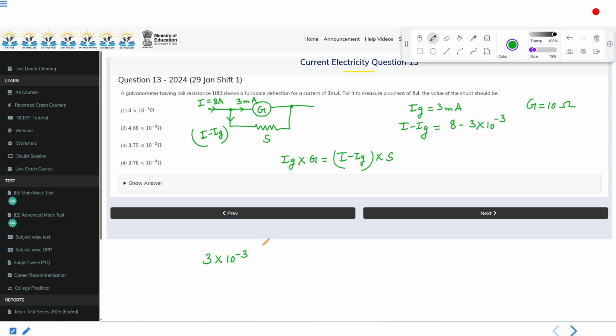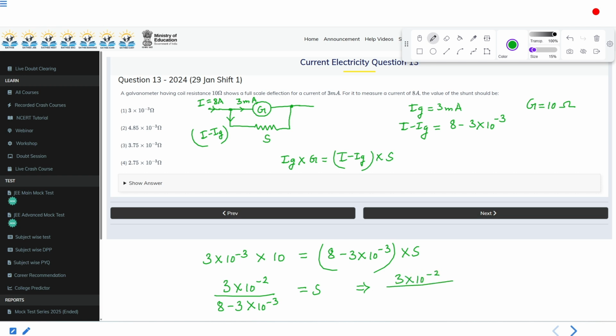So Ig is 3 into 10 to the power minus 3, into G is 10 ohm, equal to I minus Ig, which is 8 minus 3 into 10 to the power minus 3, into S. So it will become 3 into 10 to the power minus 2, and this thing will go there: 8 minus 3 into 10 to the power minus 3 will be equal to S. You can solve it by any means, so I am solving with powers.